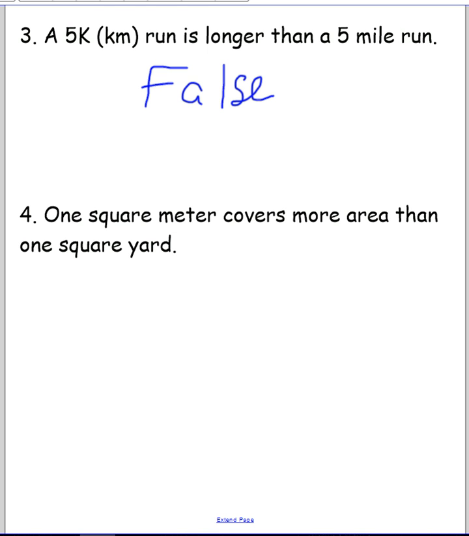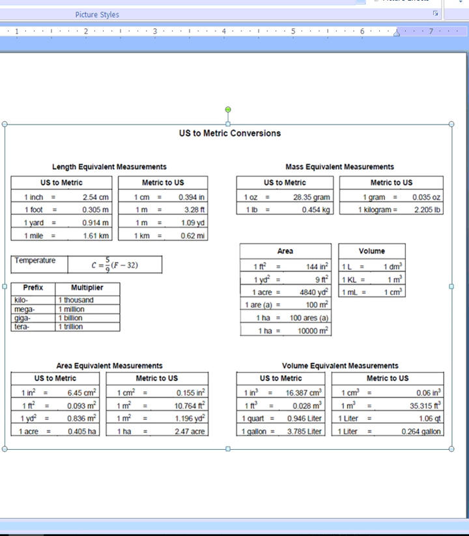And we can use our unit conversion to answer number 4 as well. 1 square meter covers more area than 1 square yard. So let's take a look at that. Here is our square yards and square meters. Notice it's 1 yard equals 0.836 square meters, or 1 meter equals 1.196 square yards.